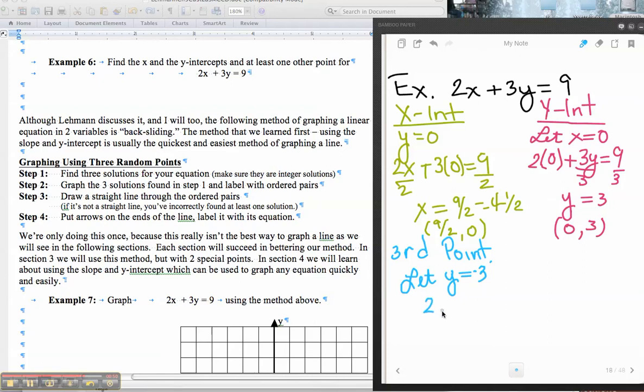So we have 2x plus 3 times a negative 3, and then that is equal to 9. So 3 times a negative 3 is a negative 9, so I'm going to add 9 to both sides, and then 2x is equal to 18.